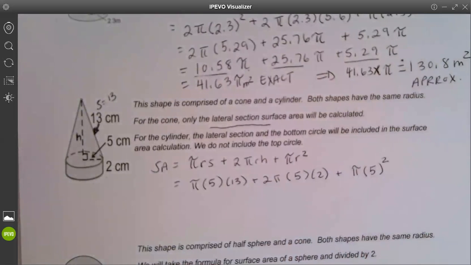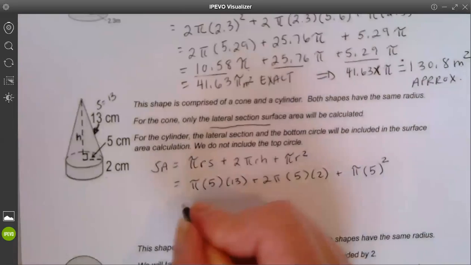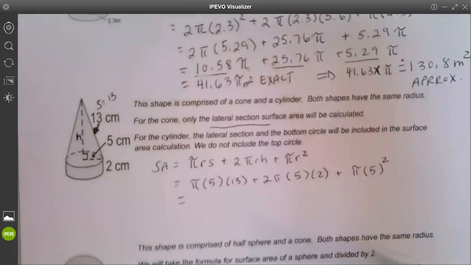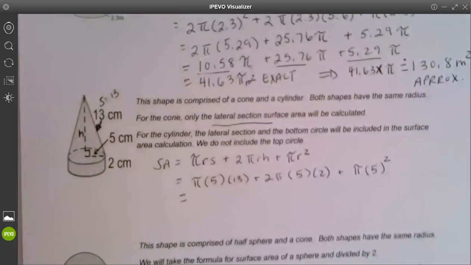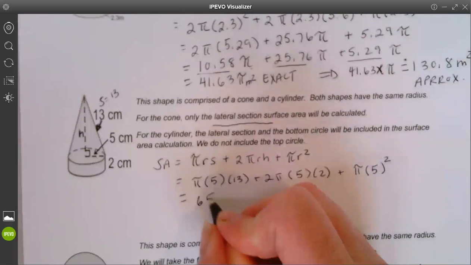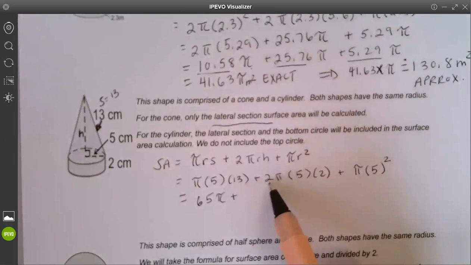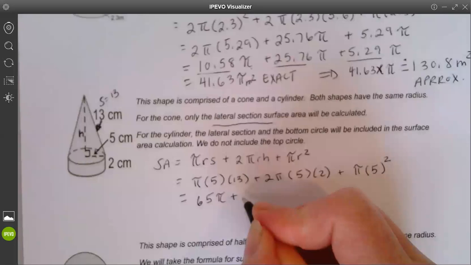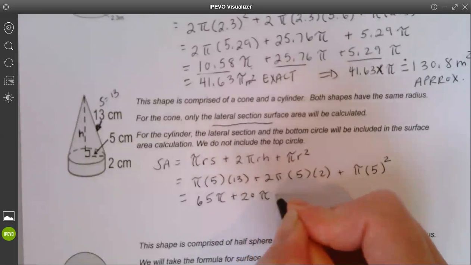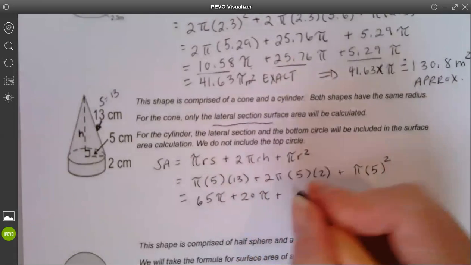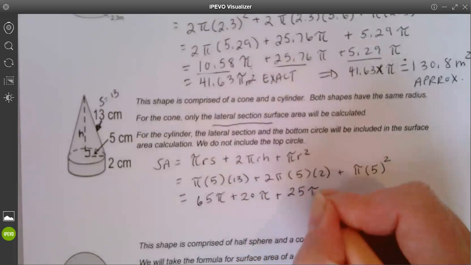Okay, so I'm going to follow order of operations, taking care of exponents and multiplication. So 5 times 13 is 65. So we have 65 pi plus 2 times 5 is 10 times 2 is 20. So there's 20 pi's there, and 5 squared is 25, and that will get multiplied by pi.